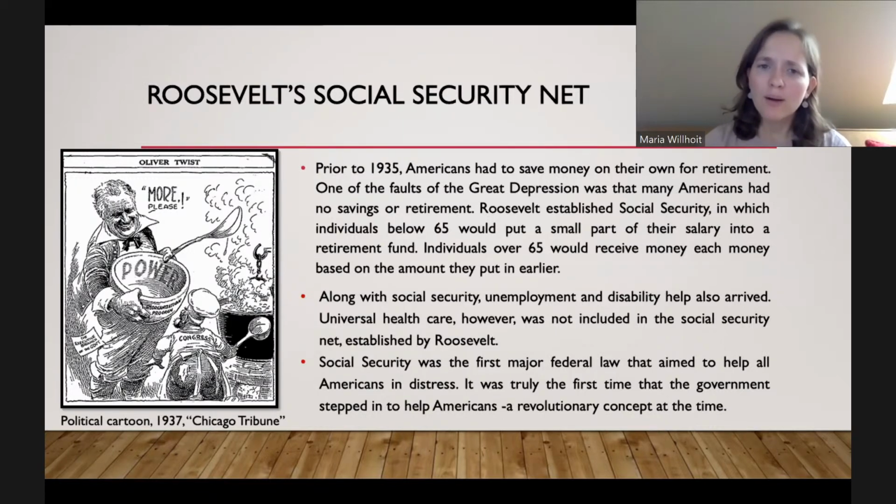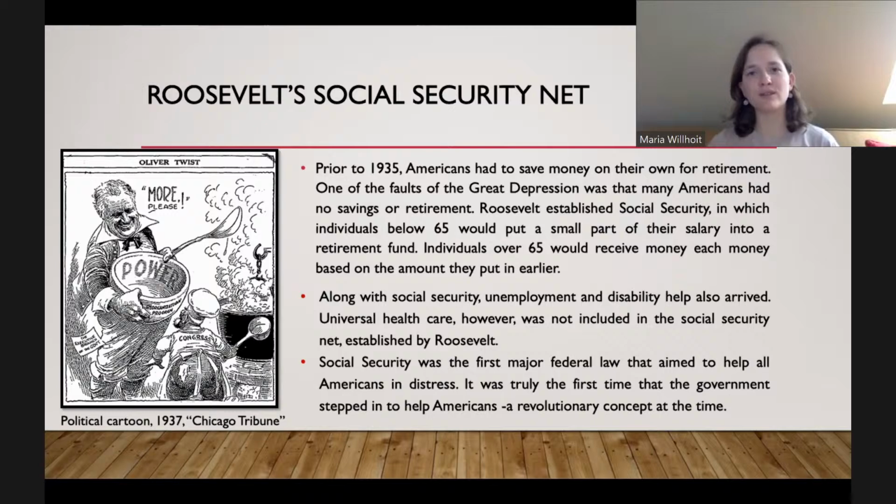But anyway, Social Security, it's hard for me to really articulate, but it is one of the most groundbreaking federal projects ever in American history. It's the very first major federal law that is aimed to help all Americans in distress.